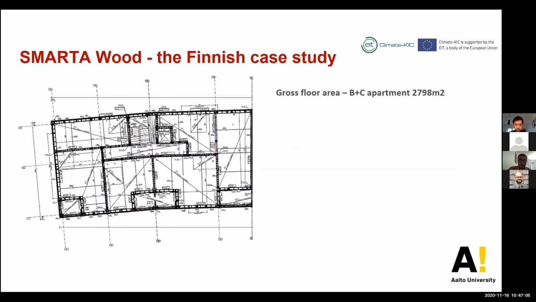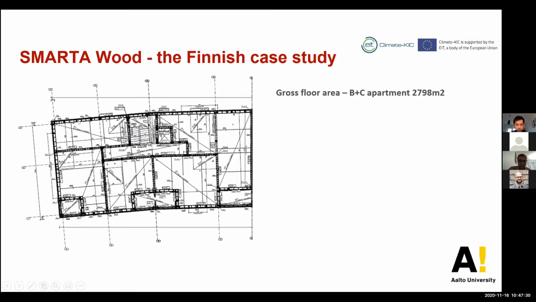Here you can see this floor plan, and this is half of it. Basically they had three buildings, A, B, and C. This is the part with B. In our analysis, we have done the analysis for the B and C parts, and B and C are like mirrors of one another.